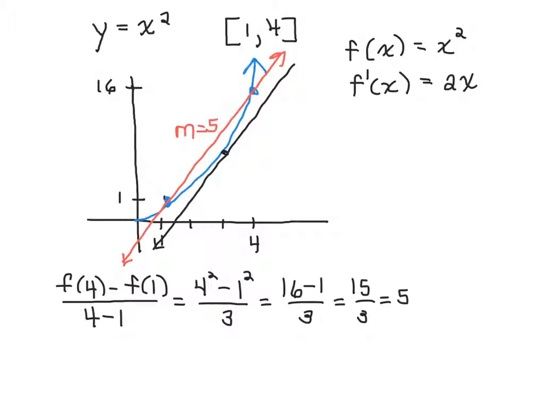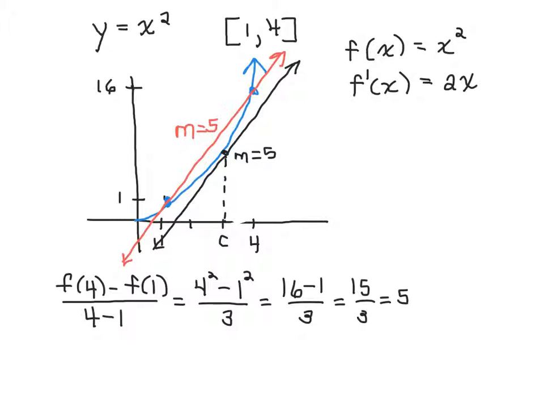So this black line also has to have a slope of 5. And what we're trying to do is figure out what is this C value. It's a little bit off. Let me fix that. I think our C would be maybe closer to here someplace. What is that C value?